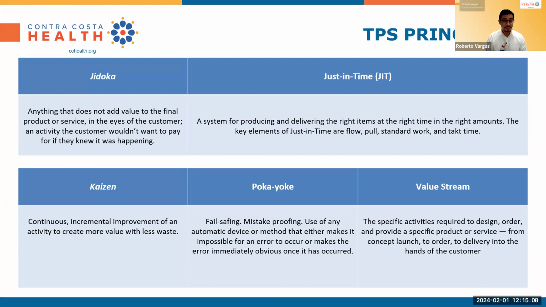Then there's just-in-time. Just-in-time is a thought of flow. It's a thought of making things available when they need to be available, and in the right amounts of what you need. We're going to go into certain identifications of waste, but this is such as I have exactly what I need in order to complete my job.